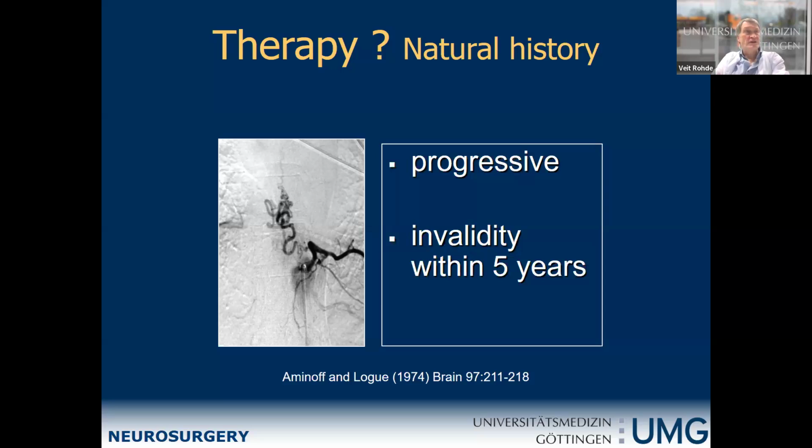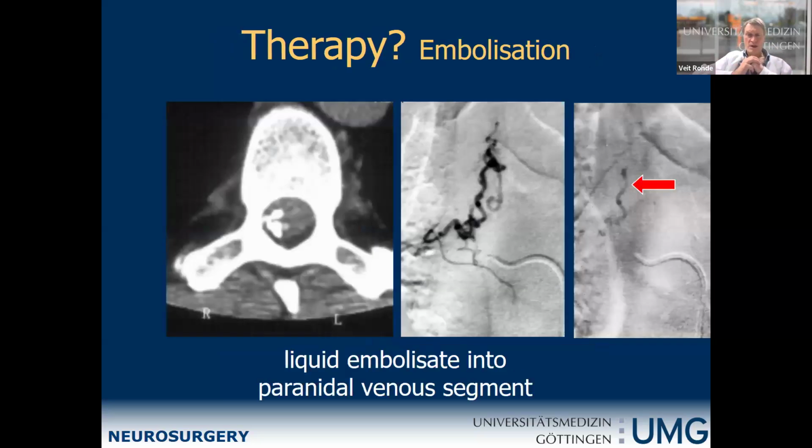They looked at the natural history of spinal dural AV fistulas, and they showed that this disease is always progressive, and it results in invalidity within 5 years, which means that you have to treat the patient if he is symptomatic. And as always with vascular diseases, we have two options: embolization and surgery.